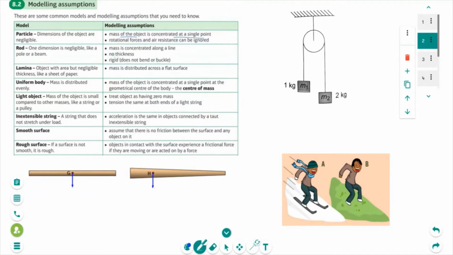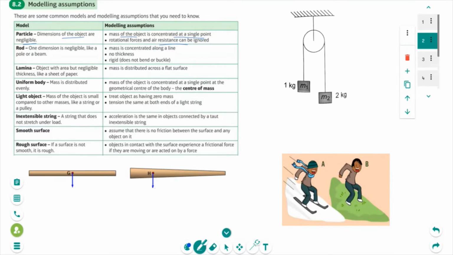So you ignore the dimensions of the object; the dimensions of the object are negligible. You don't worry about the height or the width of the object. You just assume that the mass of the object is concentrated at a single point. Also, any kind of air resistance is ignored. So it's a very simple way to model something.